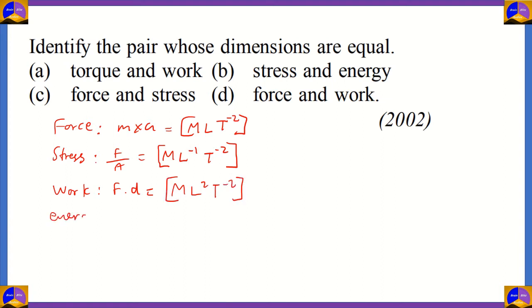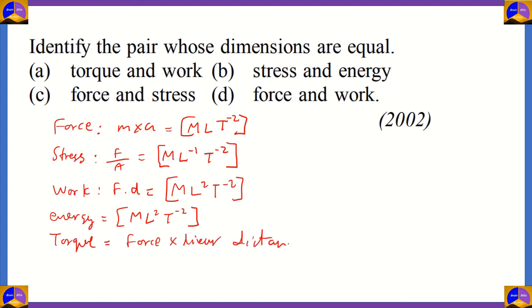Energy, the dimensions of energy are the same as the dimensions of work, so that is ML square T power minus 2. And then finally you have torque, and torque is basically the moment of force, so that is calculated as force times linear distance. So again, the formula for torque is ML square T power minus 2.